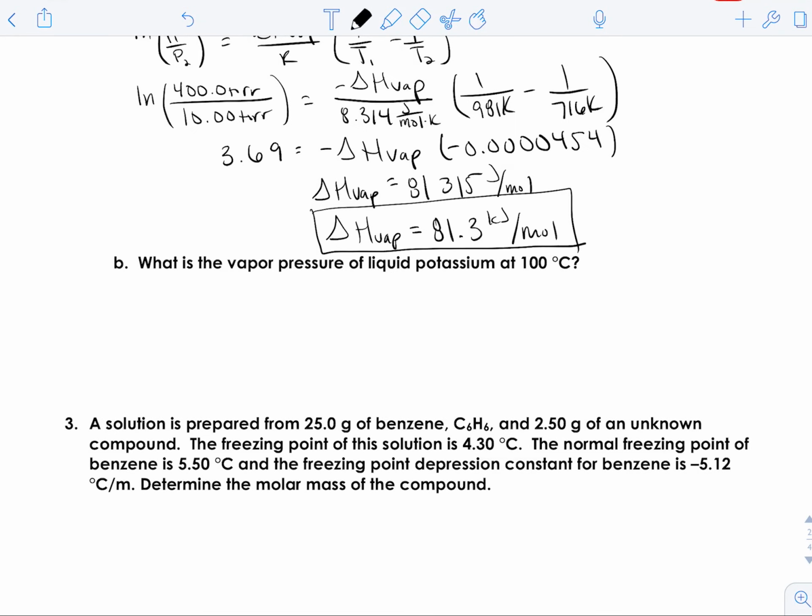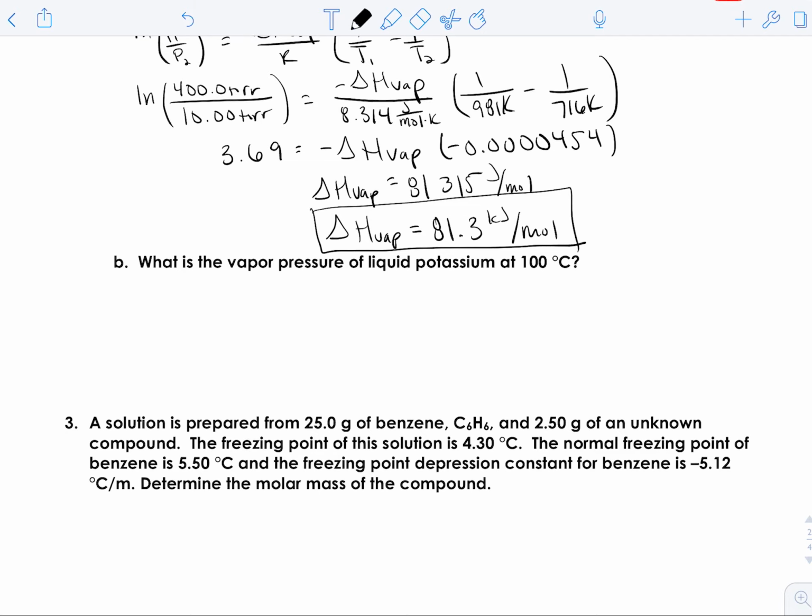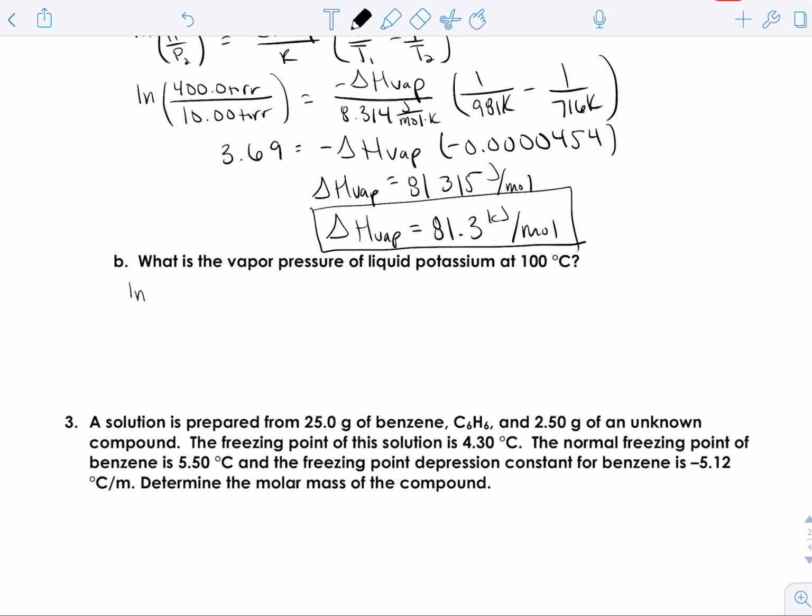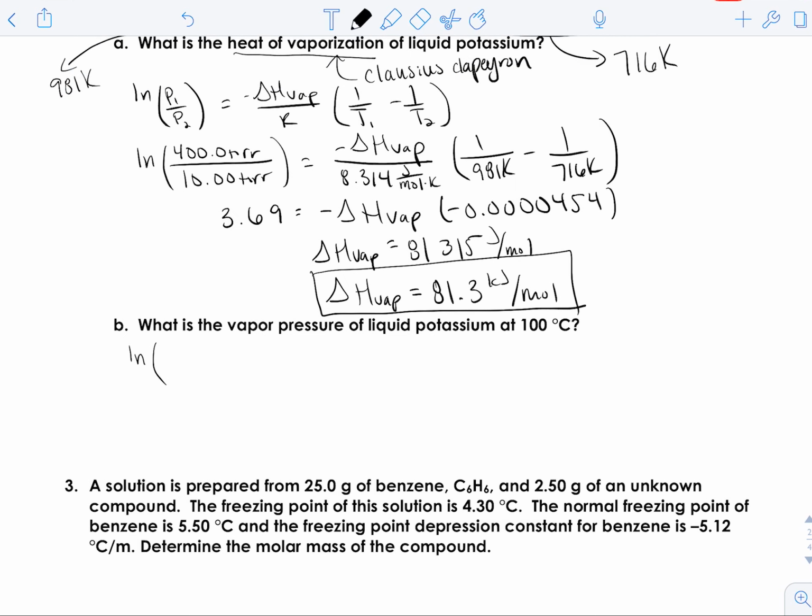We can then use that delta H vap and solve for a vapor pressure at a different temperature. So we have ln, I'm just going to use my original P1 here again, so 400 torr. And we solve for P2, so what vapor pressure at this particular T2, which would be equal to 373 Kelvin.